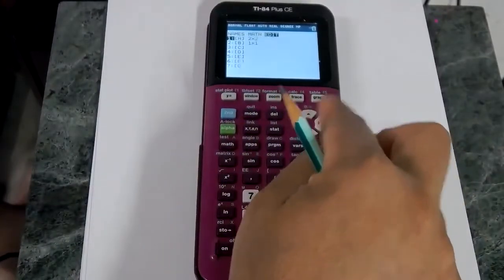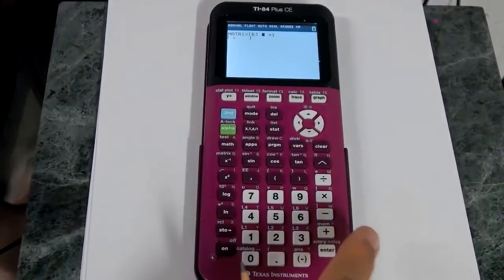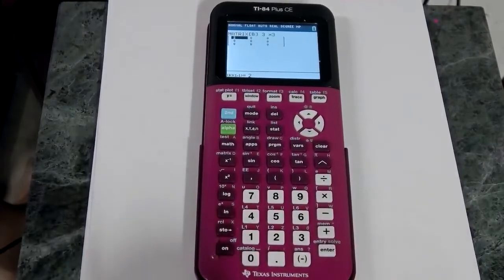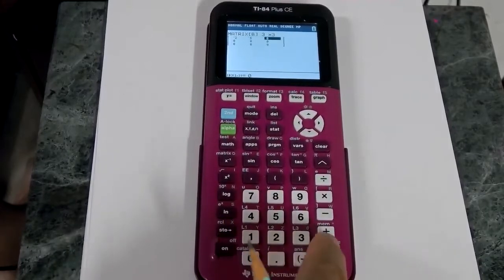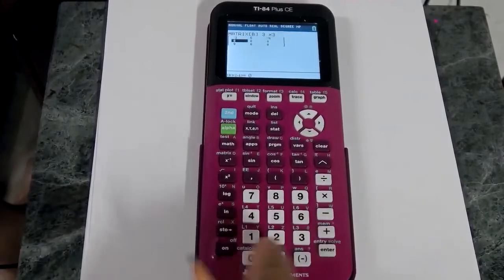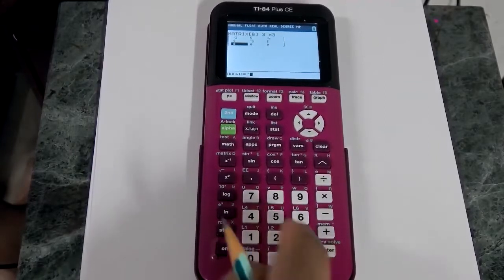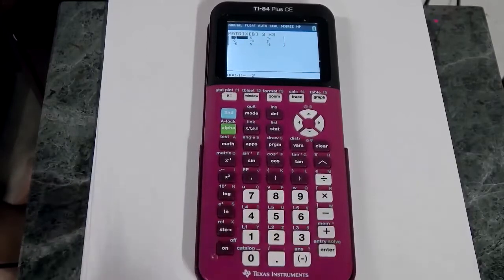I'm going to go to edit, though. Edit B. Enter. I know it's a 3 by 3. And now I'm just going to put in the numbers. -2, 5, -4, 0, -3, 5, -5, 5, -6.